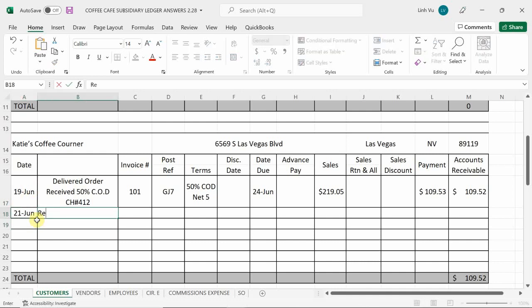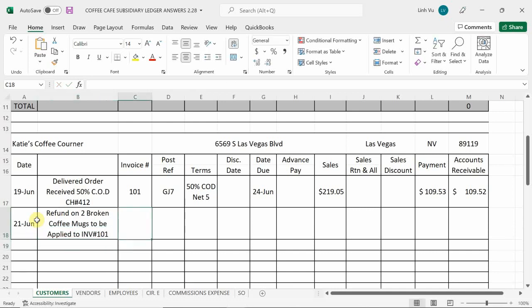So again, refund on 2 broken coffee mugs, to be applied to invoice number 101. Okay, so in this case 101C, right, for credit.